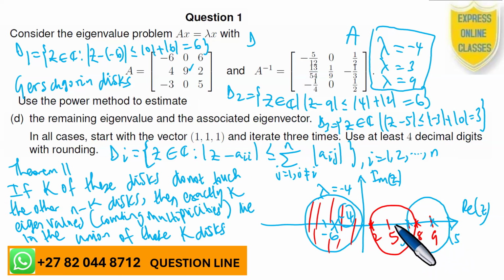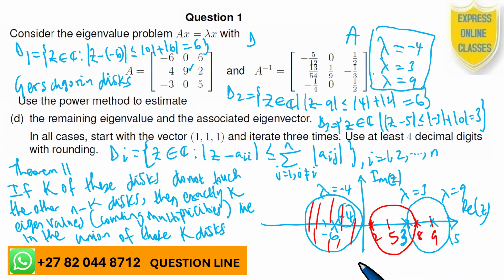So if we look at lambda equals 3, it's going to be here, in the union of the disks. Then we also have lambda equals 9, which is this one.